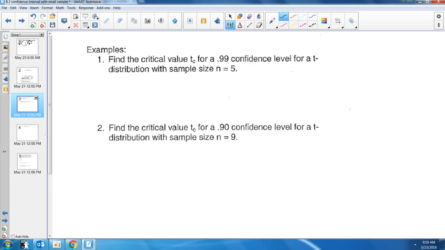In a problem like this, the first thing you're going to do is write down the degrees of freedom is equal to n minus 1, which equals 5 minus 1, or 4. You're going to write that down so you don't mix it up. Then you go to the table, and remember it's 99. Here's your 99 in the last column, and you're looking at 4, so it's 4.604. And that's going to be the t-value that you're going to use instead of the z-value.